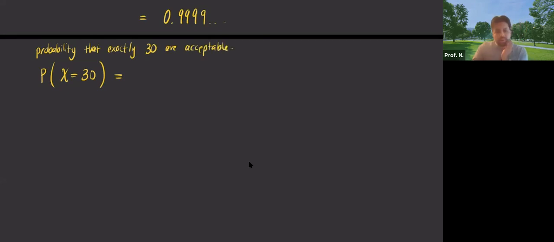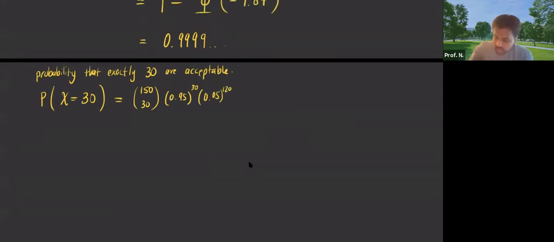So I can do this just straight up, right? By doing 150 choose 30 times 0.95 to the 30th power multiplied by 0.05 to the 120th power. Actually, this number will be kind of small.